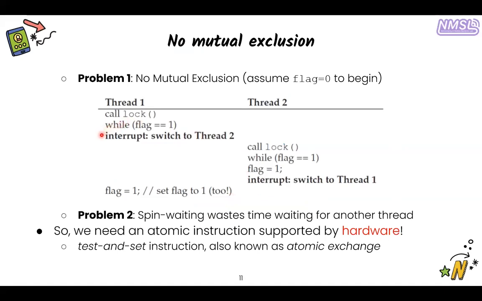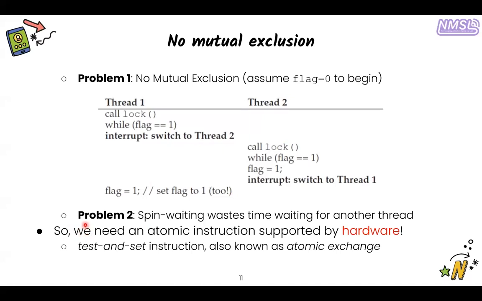And as you are about to go into the next statement, you get interrupted. Now thread 2 calls lock. You go through the while loop, and then it sets the flag to 1. Then you get interrupted. You go back to thread 1, and now both threads are entering the critical section. So that was the first problem, which is a correctness issue.